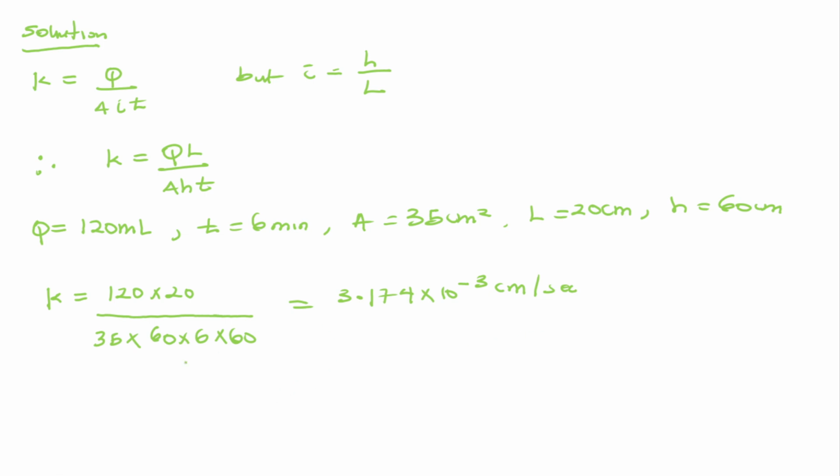So now we are also asked to find our discharge velocity. Let us denote it with Vd so that we can differentiate it from other forms of velocity.